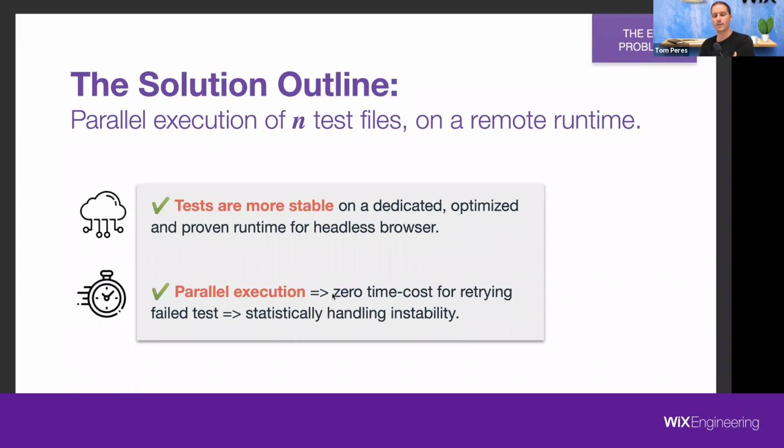We can't, as I said at the beginning, solve the inherent problems of browser tests being flaky. It's related to a lot of complex concepts and obstacles you have in a browser. As I said, it wasn't meant for automation. When you automate a browser using stuff like Selenium or Puppeteer, which are the browser driver libraries, you actually talk with a specific protocol of this browser, and this protocol wasn't meant for automating actions.